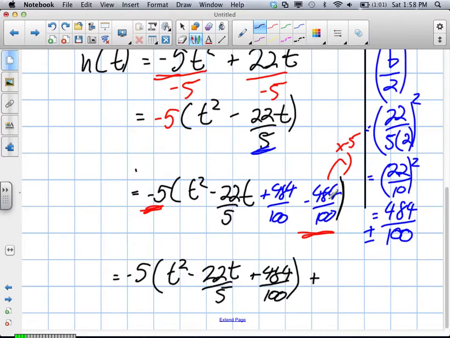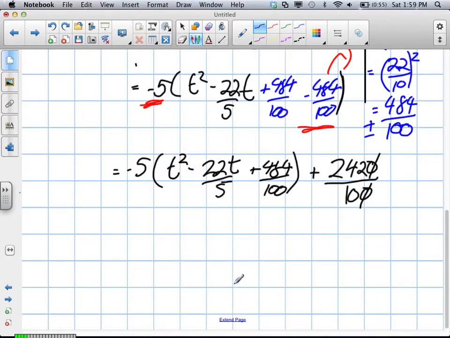What's 484 times 5? 2,420. Over 100. We can definitely reduce that to 242 over 10, and probably even farther, but let's keep going.